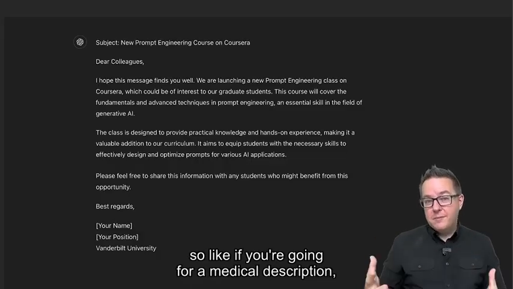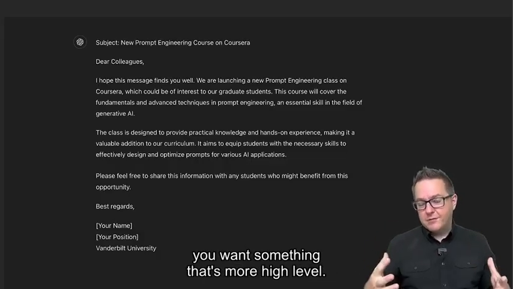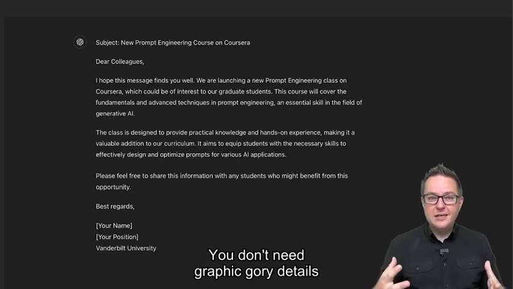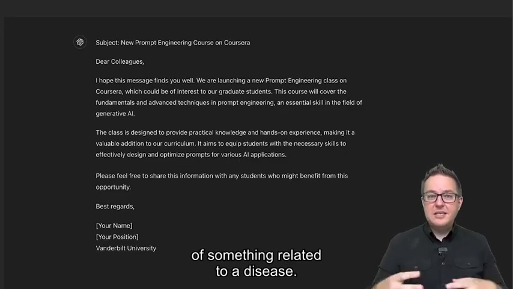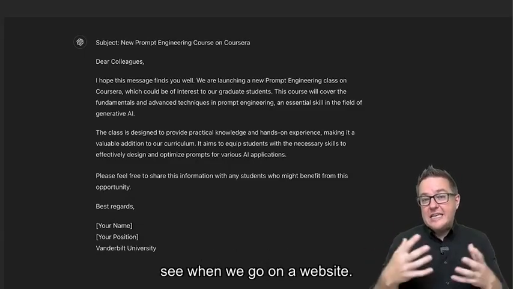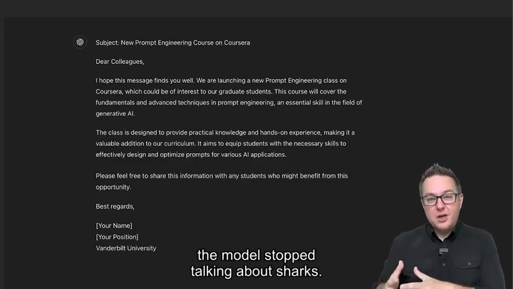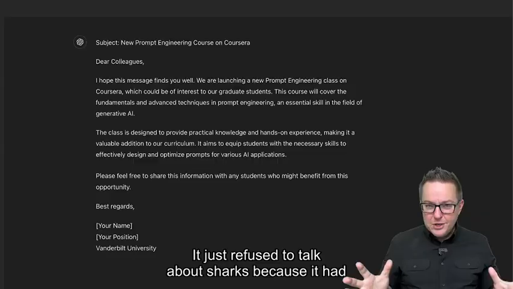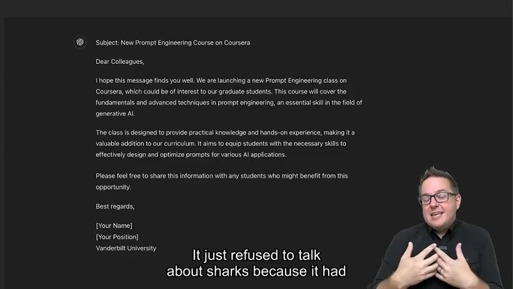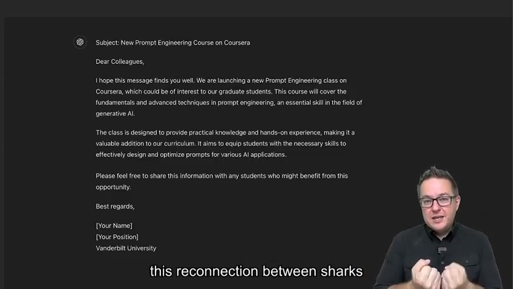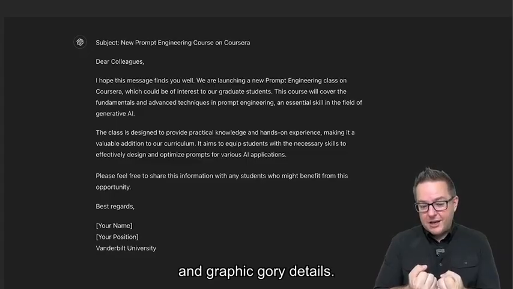So if you're going for a medical description, you want something that's more high level. You don't need graphic, gory details of something related to a disease. We want something that's more like what we see on a website. And the result of that was that the model stopped talking about sharks. It just refused to talk about sharks because it had this connection between sharks and graphic, gory details.